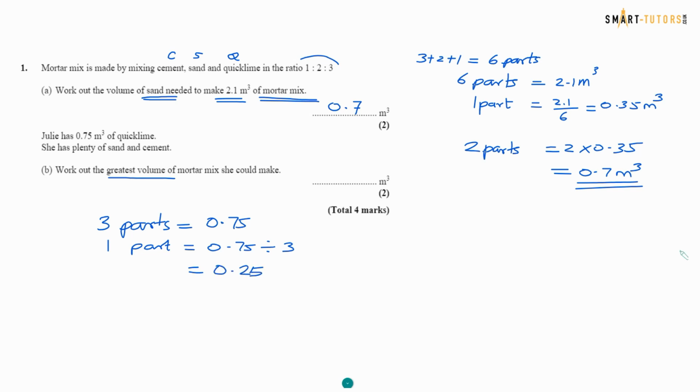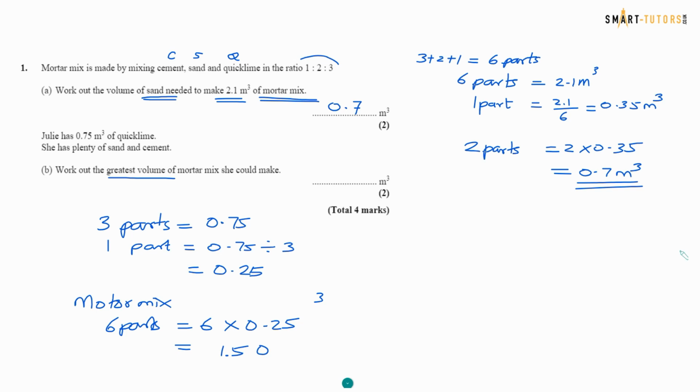So once you have the 1 part, the mortar mix is the total. So mortar mix is how many parts? So 6 parts. So 6 parts in total, 6 times 0.25. So if you multiply 6 times 5, 30, 3 remaining 3, 12, 15.